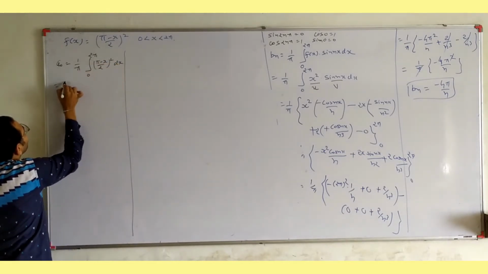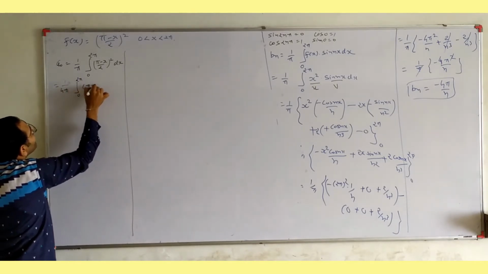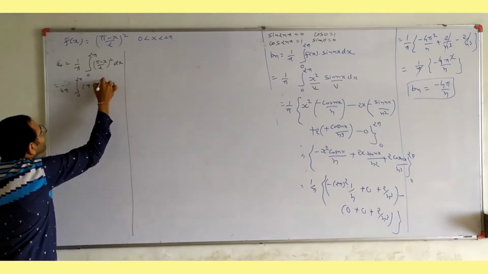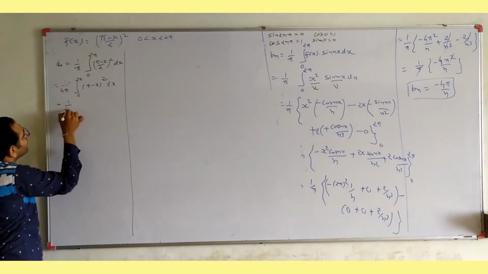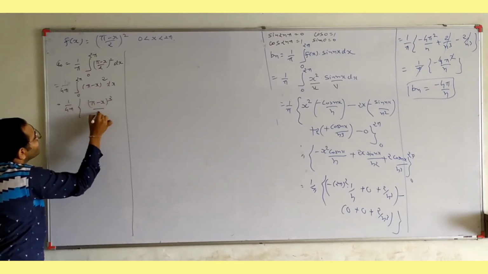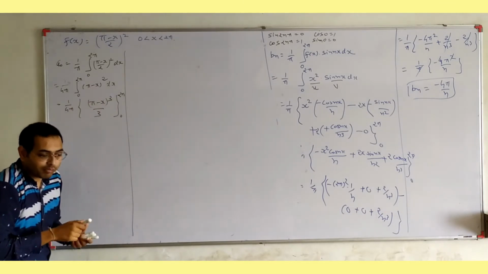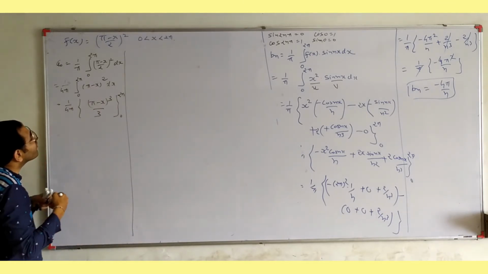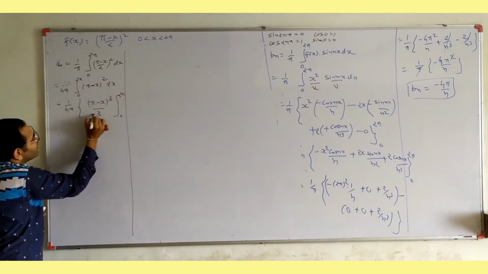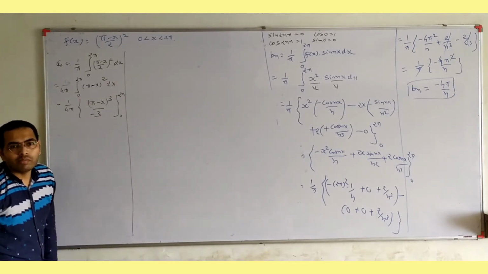Then 2 to the 4, so 1 upon 4 pi is constant, 0 to 2 pi, (pi minus x) whole square dx. Then the integral of that term means (pi minus x) cubed by 3, here 0 to 2 pi. But whatever coefficient is multiplied with x, that is the denominator portion in integration. Here a minus sign is present.